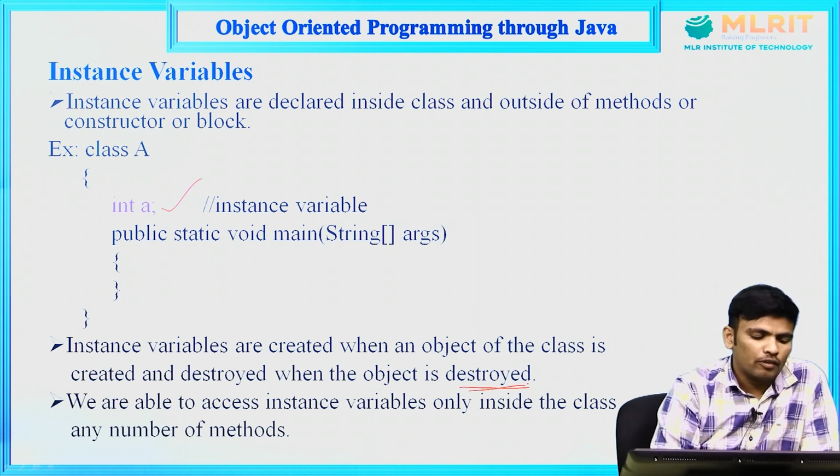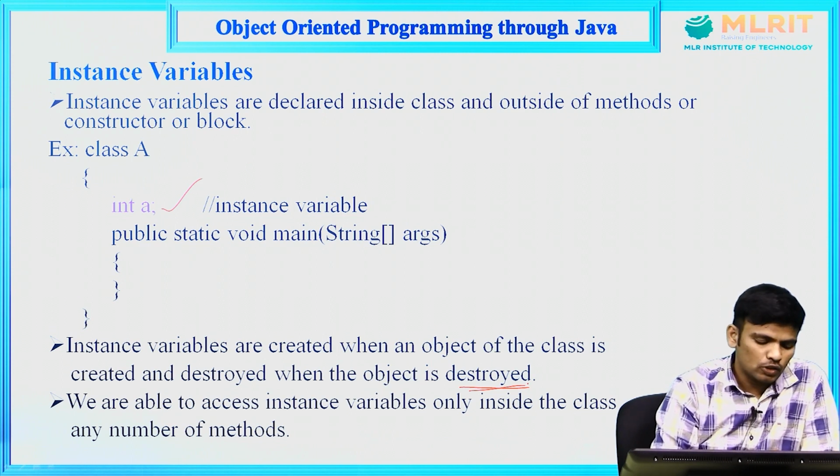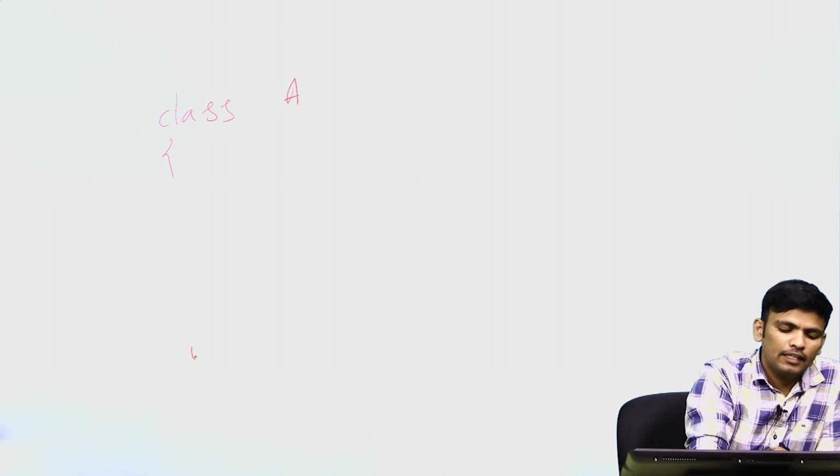The next point: we are able to access instance variables anywhere inside a class, in any number of methods. Let us take an example. I have a class A, and this A has an instance variable int i equals 10.